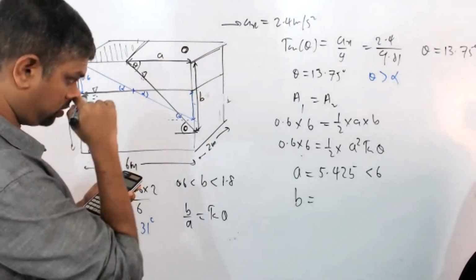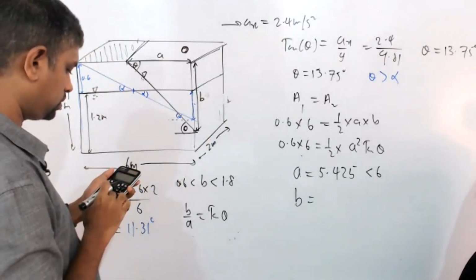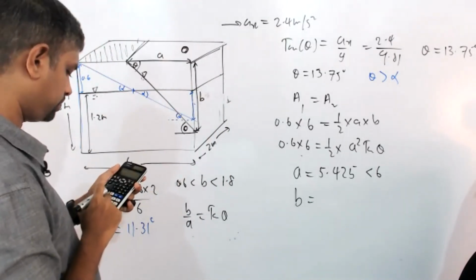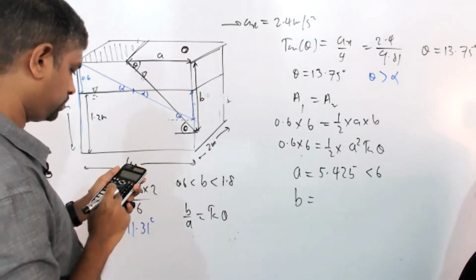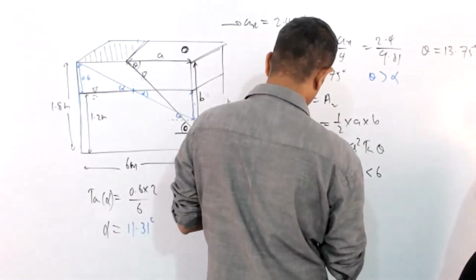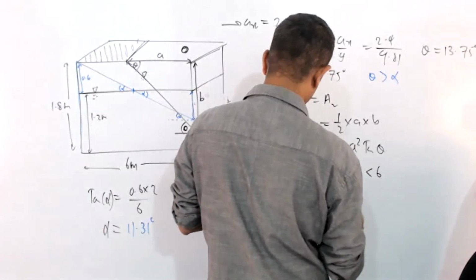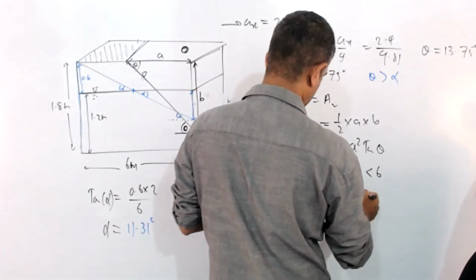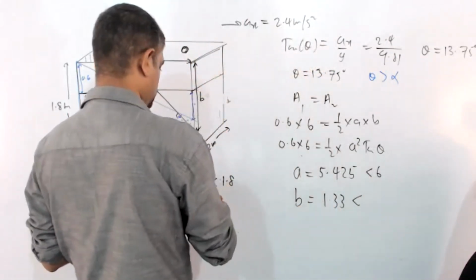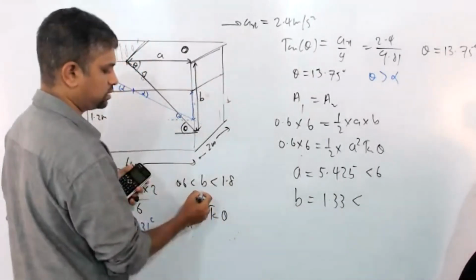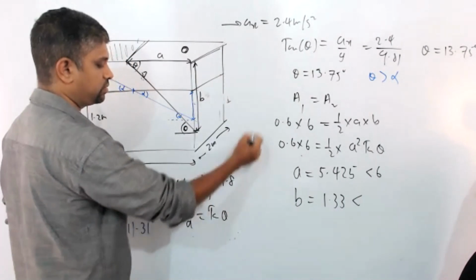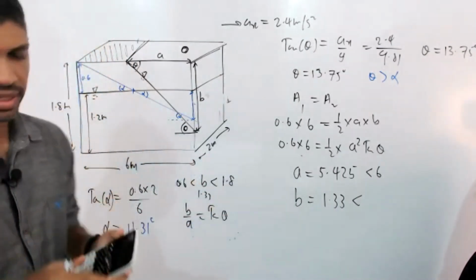So this is 1.33. That is correct. Therefore, the situation is acceptable.